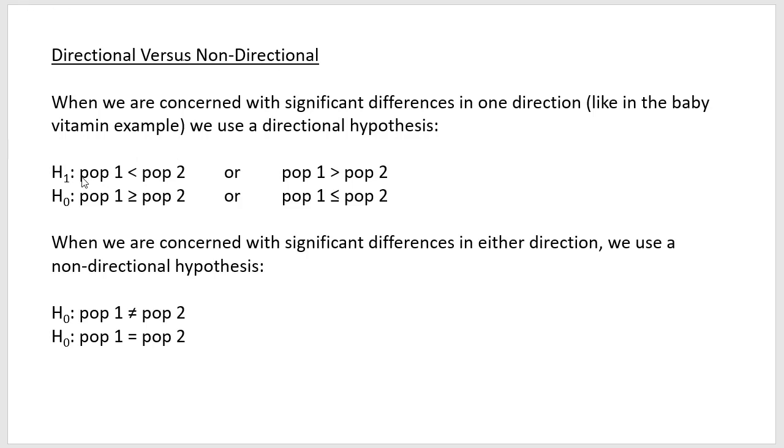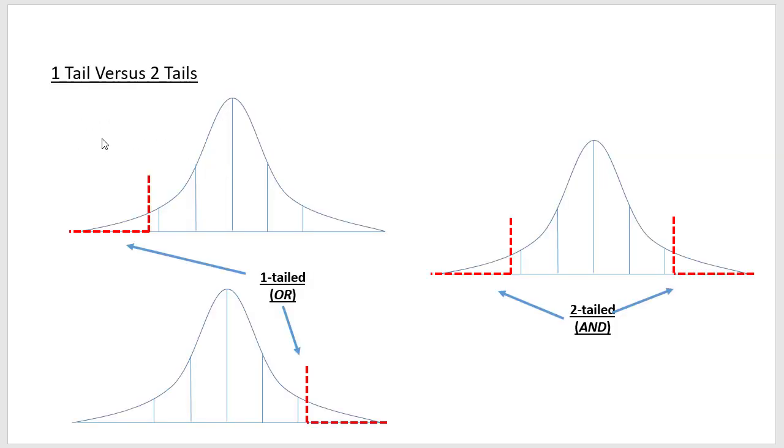This top set of hypotheses is what you would write if you were going to use a one-tailed or directional test. The alternative hypothesis for a one-tailed test is population 1 is less than population 2. The null hypothesis is population 1 is greater than or equal to population 2. However, if you were interested in a positive change, you would use the second set. Remember, when we are looking at one-tailed versus two-tailed tests, it could be negative or positive.